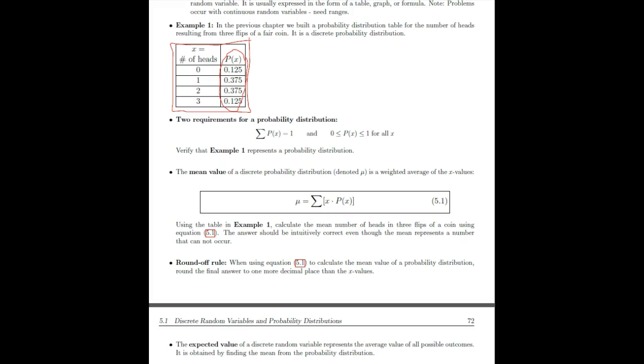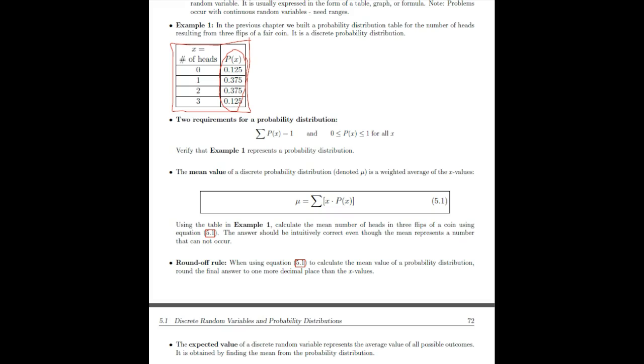If they don't, that means you left out some possible value in your table. And also, all of the probabilities in this table must be between 0 and 1. That should be obvious, like we talked about in the group work in sections 4.1 and 4.3, because any probability always has to be between 0 and 1.